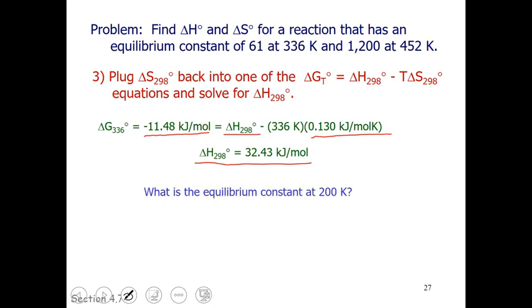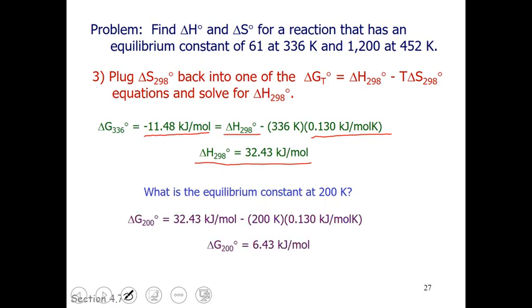So if we wanted to take this one step further and get the equilibrium constant at 200 degrees Kelvin, I can use that same equation where delta G naught is equal to my newly solved value of delta H naught minus 200 Kelvin times my newly solved value of delta S naught. And I can find out that delta G naught at 200 is 643 kilojoules per mole.